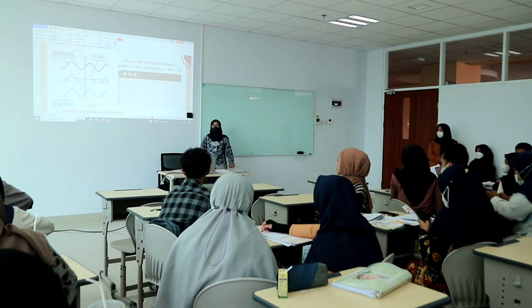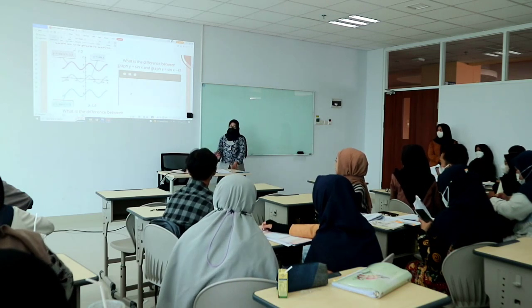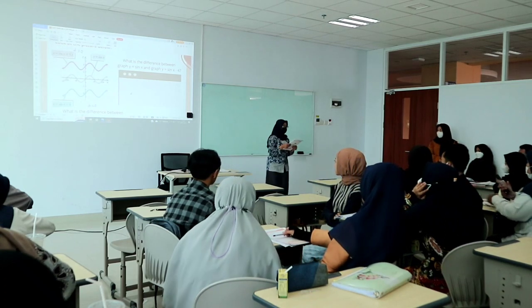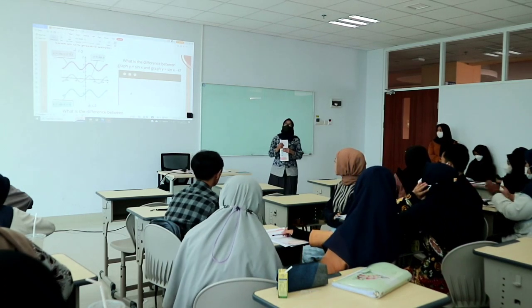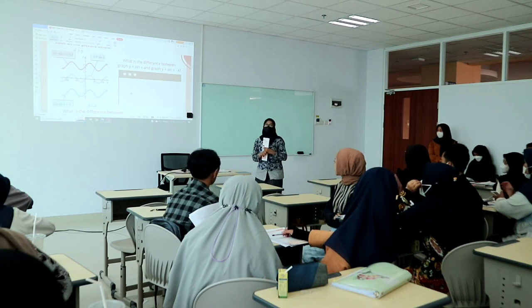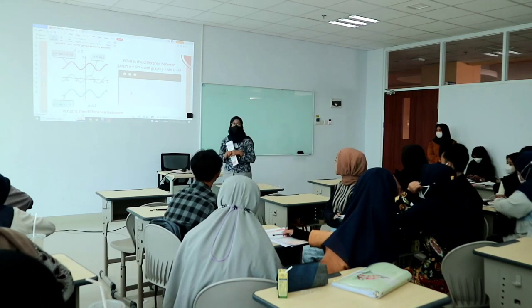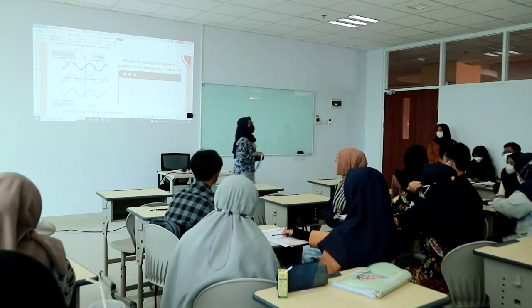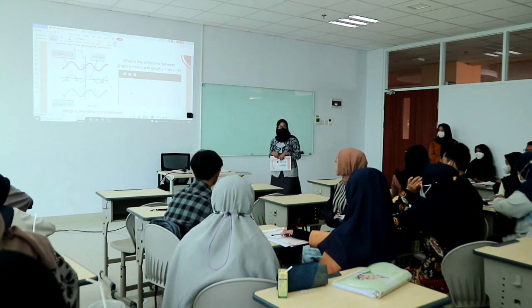Do you understand, guys? Yes. Okay. Any questions so far? No. Okay. If you have a question or a different answer, please raise your hand. Can we move to the next activity?